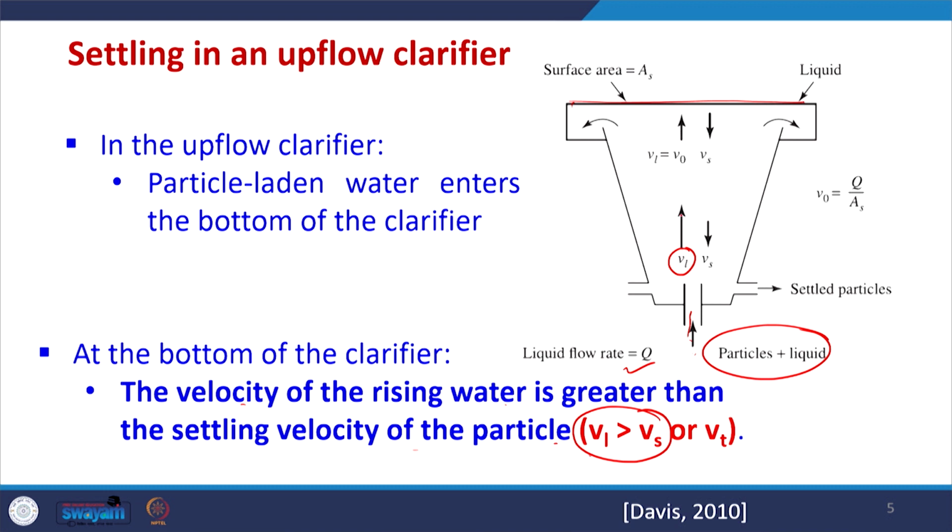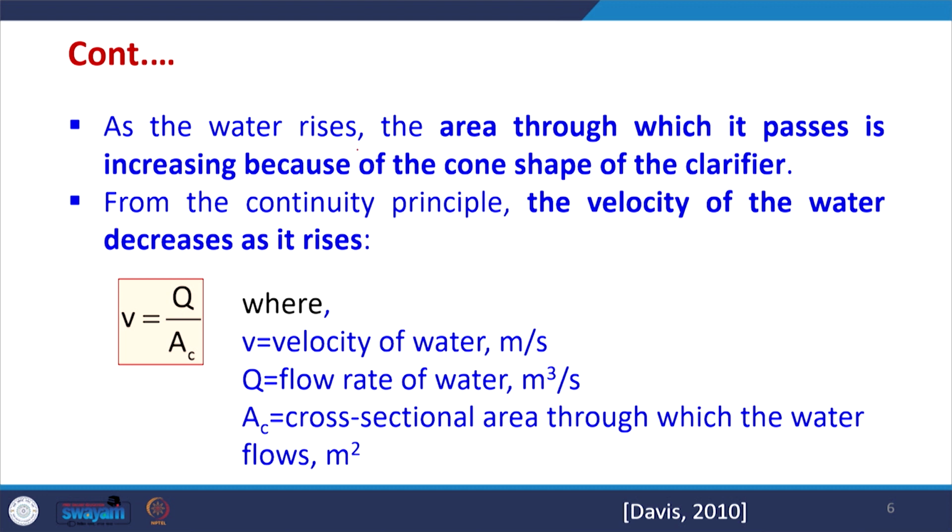So, it is trying to take up Vs or Vt, that means the settling velocity of sludge, or the terminal velocity of sludge particles. So, VL is always greater than this, and as the water rises, the area through which it passes is increasing because of the cone shape of the clarifier.